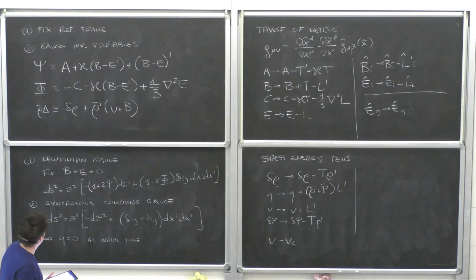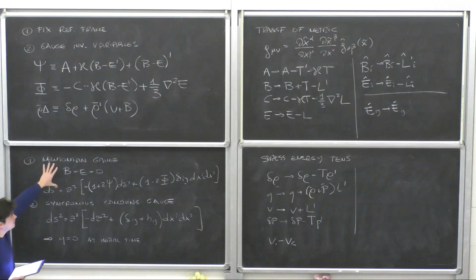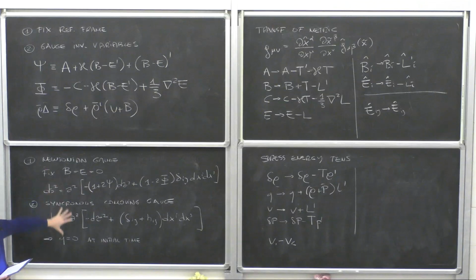So these two reference frames are the ones most used when discussing cosmological perturbation theory, one for analytical calculations, one for numerical calculations. If you browse the internet for cosmological perturbation theory, you'll see a landmark paper discussing perturbation theory in these two gauges.